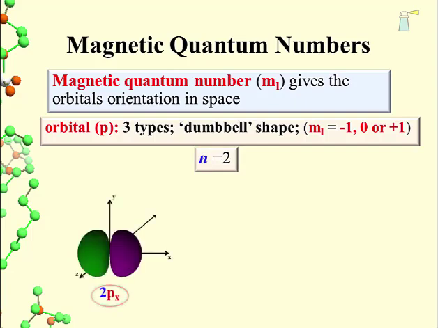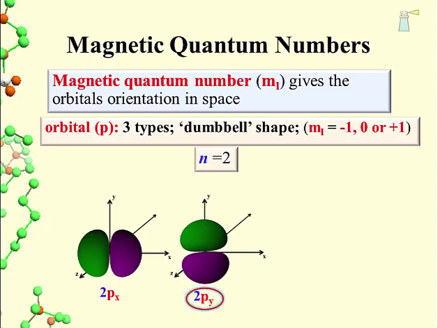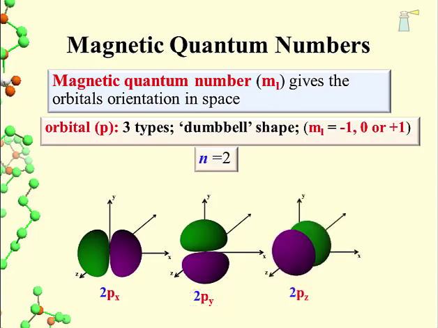Looking at the p orbitals for n equals 2, we have the 2px orbital. It's called px because it is oriented along the x-axis on a 3-dimensional graph. Compare that to the 2py orbital, same shape, but is oriented along the y-axis. And finally, the 2pz orbital aligned along the z-axis. Now, there's not really an x, y, and z axis in an atom.